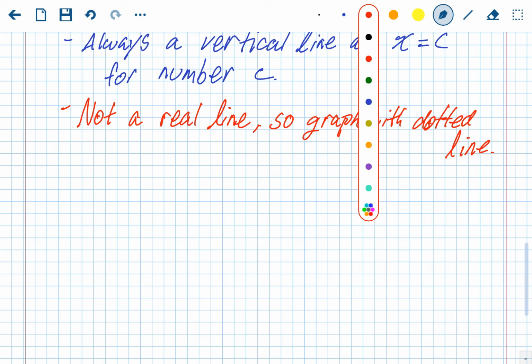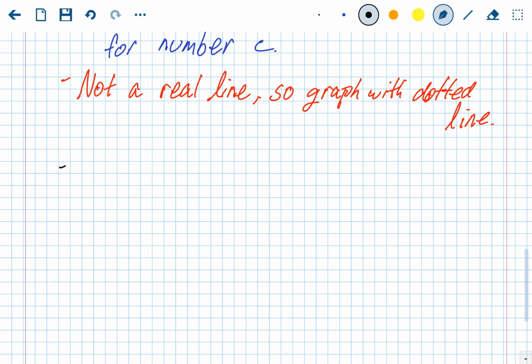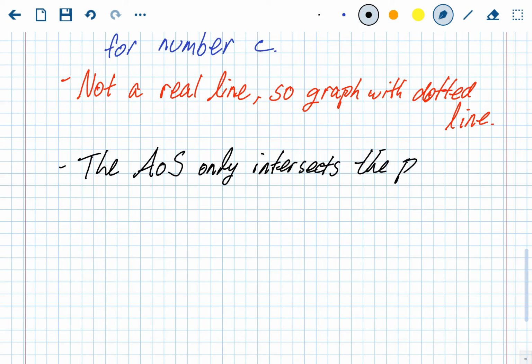All right, now the axis of symmetry only intersects the parabola at one point.